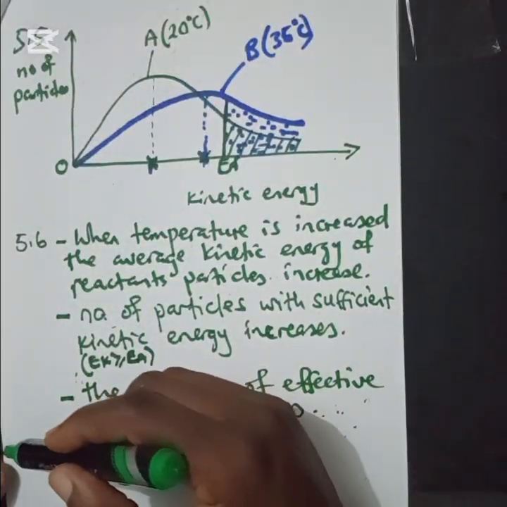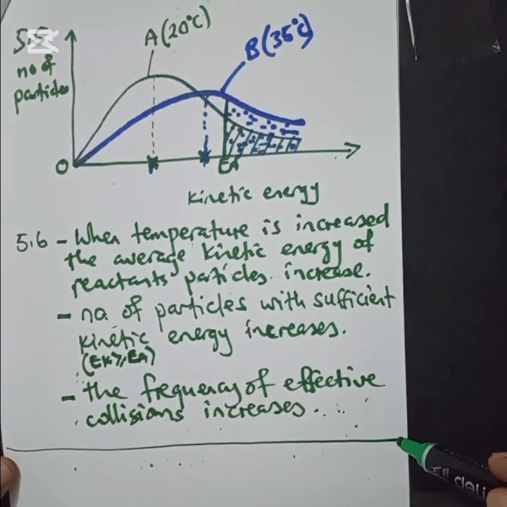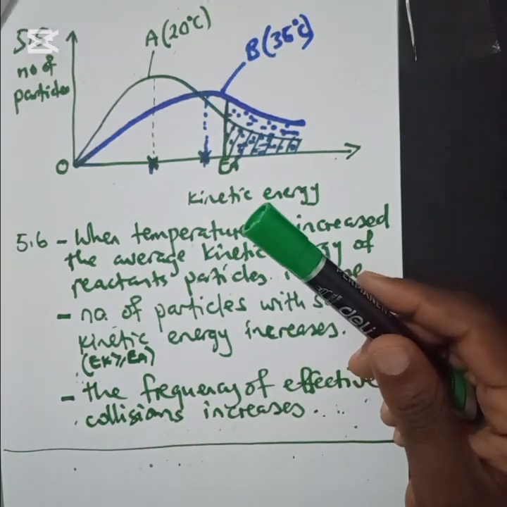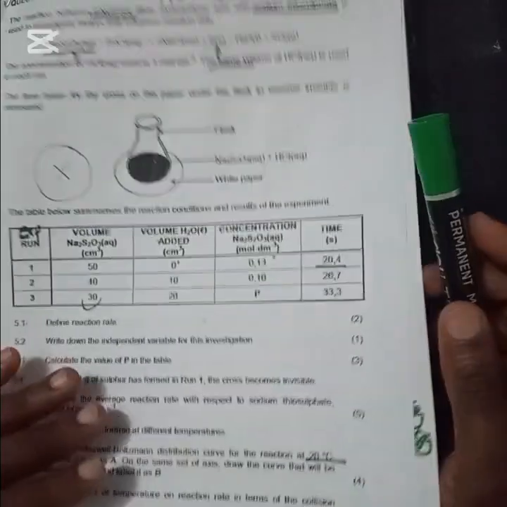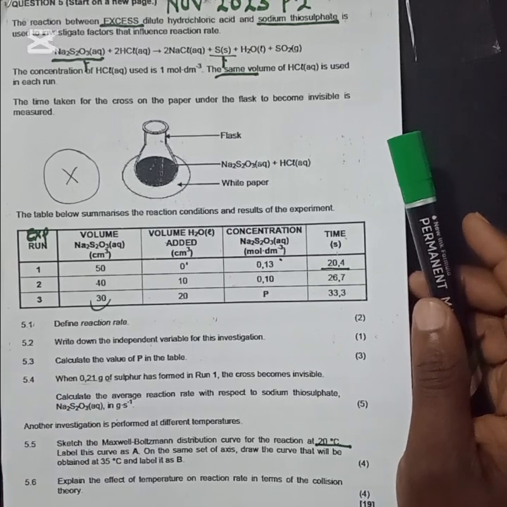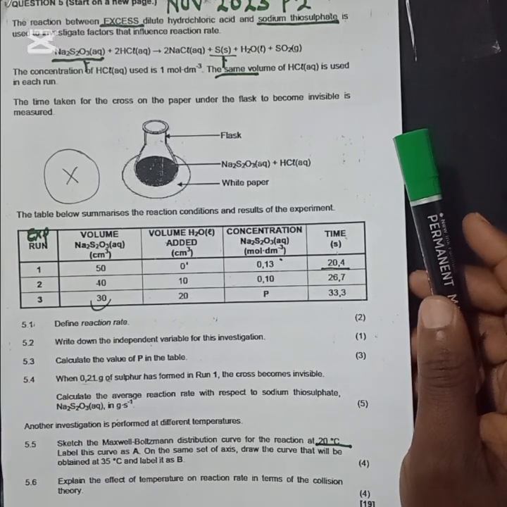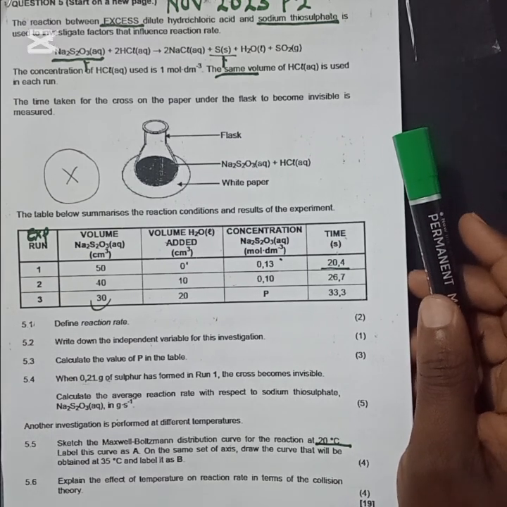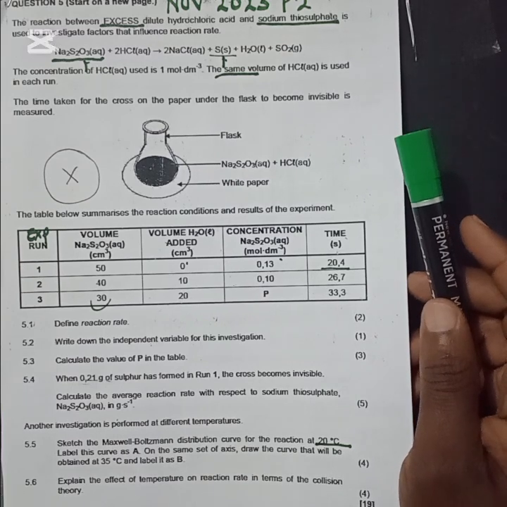So we have come to the end. That was question number 5 of the November 2023 paper 2. It's not a very difficult question, it's quite simple. The first part normally is an experimental question whereby they will be testing you to check if you know how to determine the dependent variable, the independent variable, even the control variables.